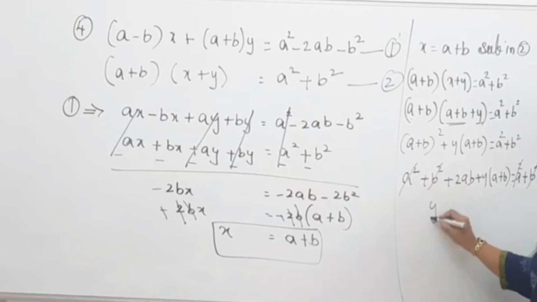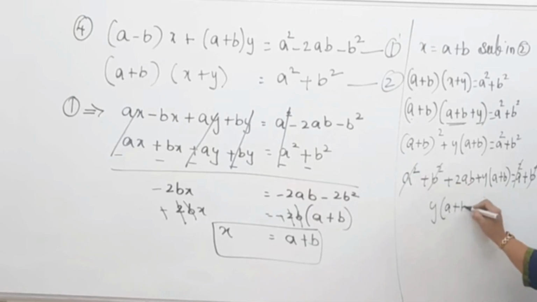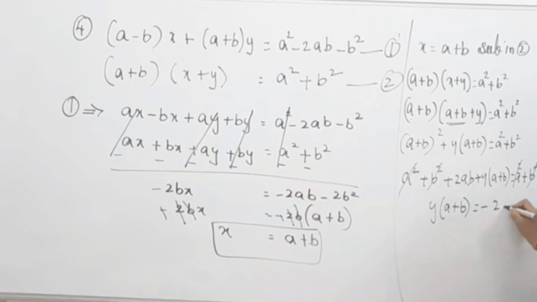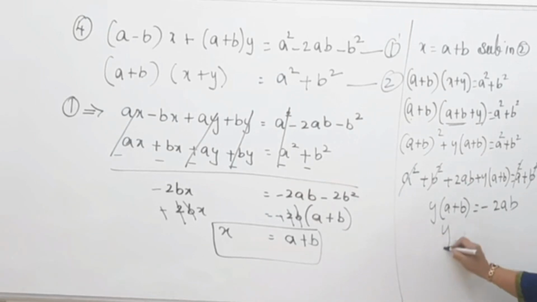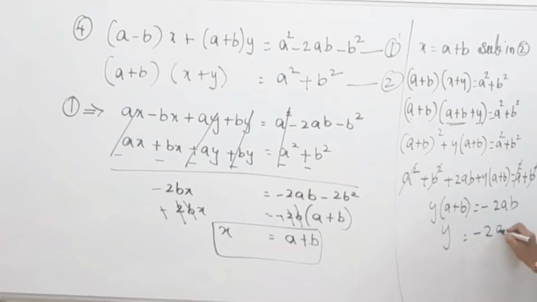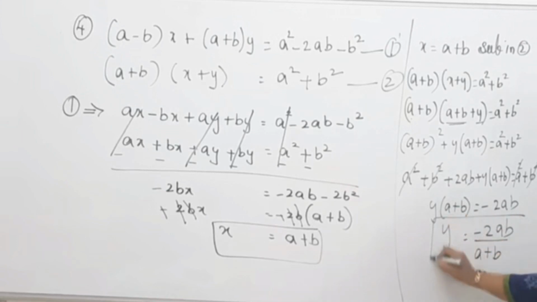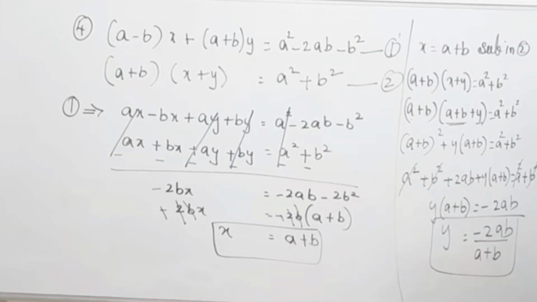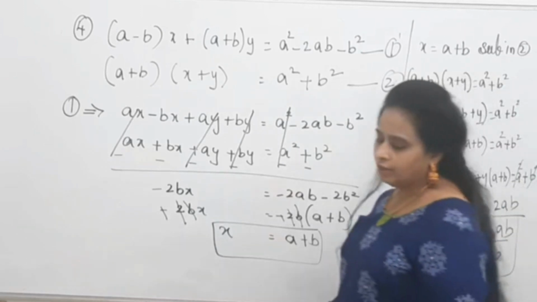So y of (a plus b) is equal to minus 2ab. So my y is equal to minus 2ab divided by (a plus b). This is my value. Y is equal to minus 2ab by (a plus b). Hope everyone understood how to get your x and y variable.